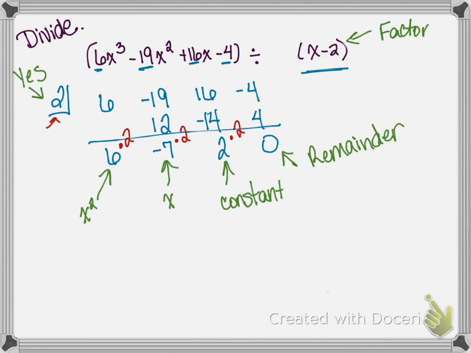So I can write x minus 2 times x squared plus x plus, oh no, sorry. What are my coefficients? What goes in front of the x squared? So I've got 6x squared minus 7x plus 2.